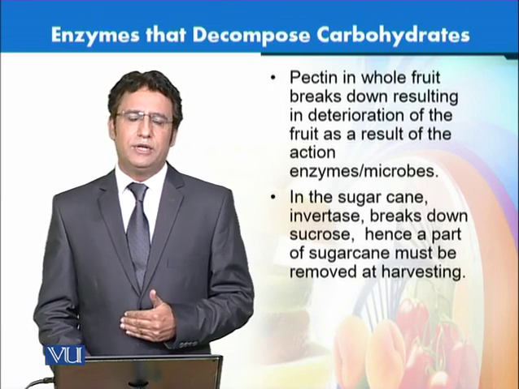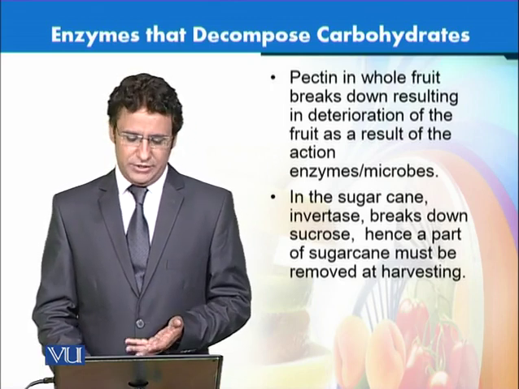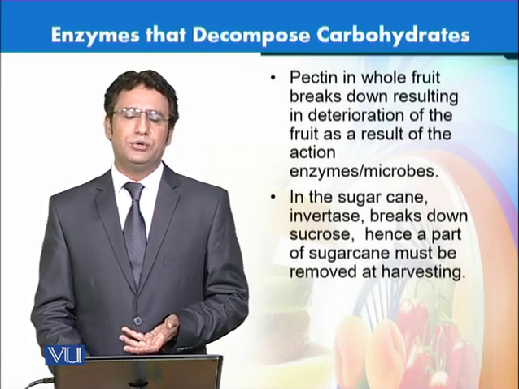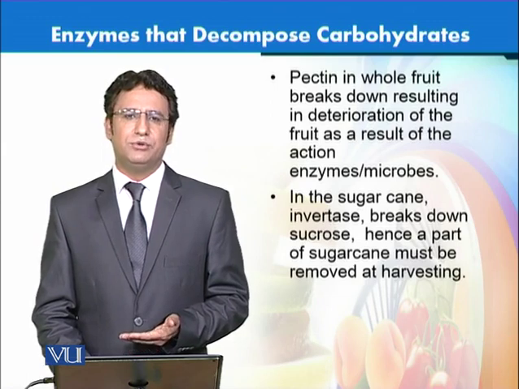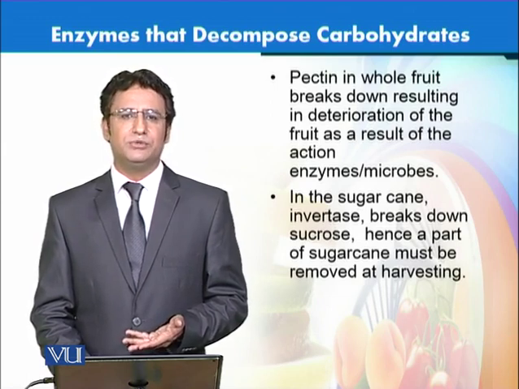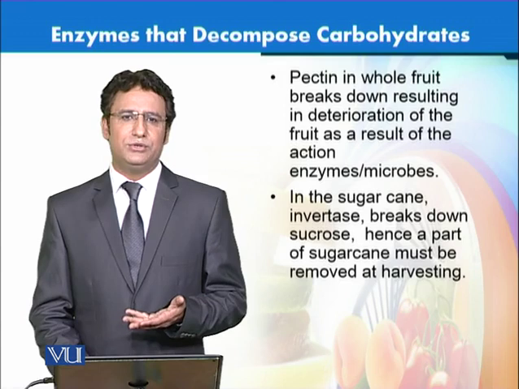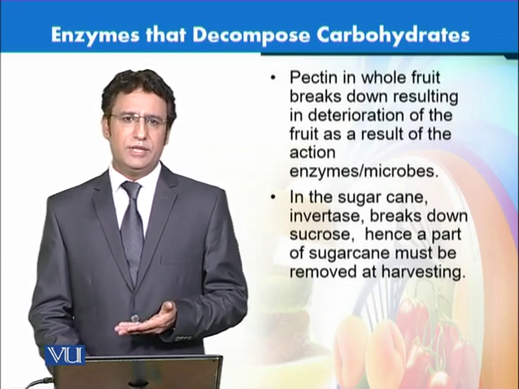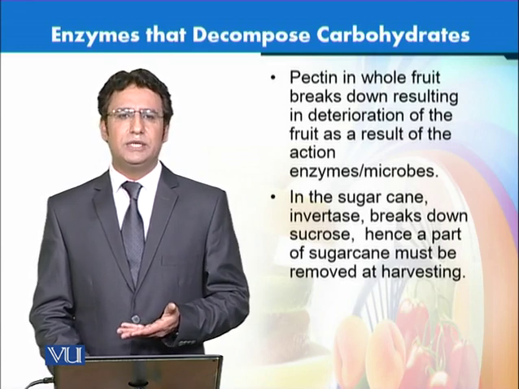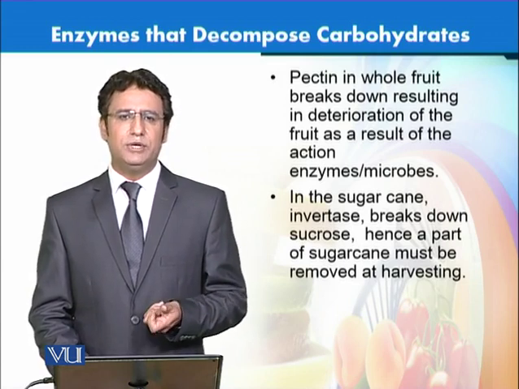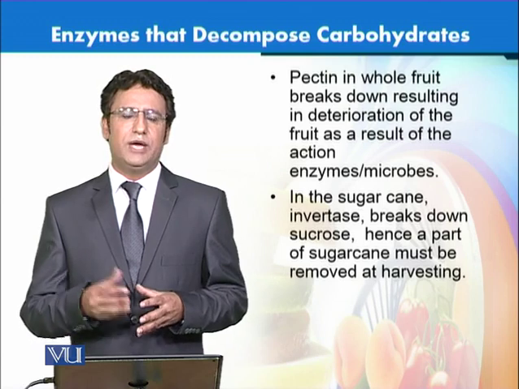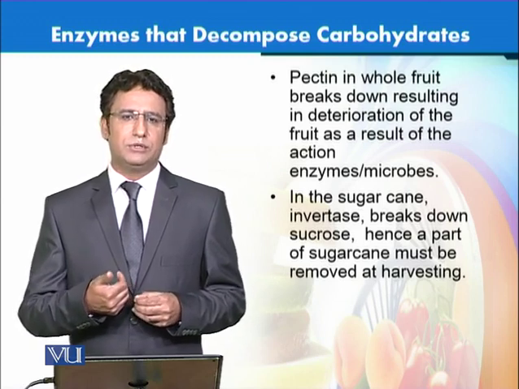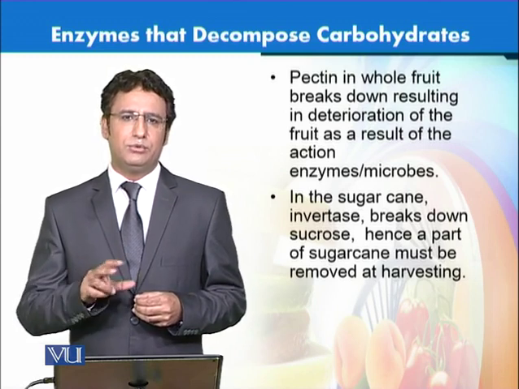If you talk about another enzyme called invertase, it is found in sugarcane. In sugarcane, most of your sugar or table sugar, sucrose, comes from sugarcane, and this sugarcane has the enzyme invertase. This can bring about undesirable changes in the sugarcane crop. When this enzyme acts upon sucrose, it breaks it down into glucose and fructose, two units.